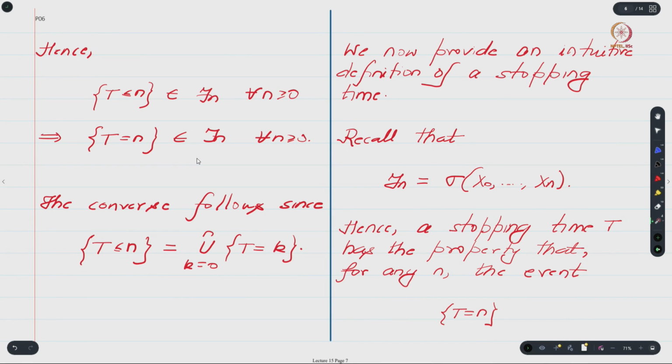One can similarly show the converse, by making use of the fact that the event T less than or equal to n can be expressed as this finite union over k equals 0 to n of T equals k.